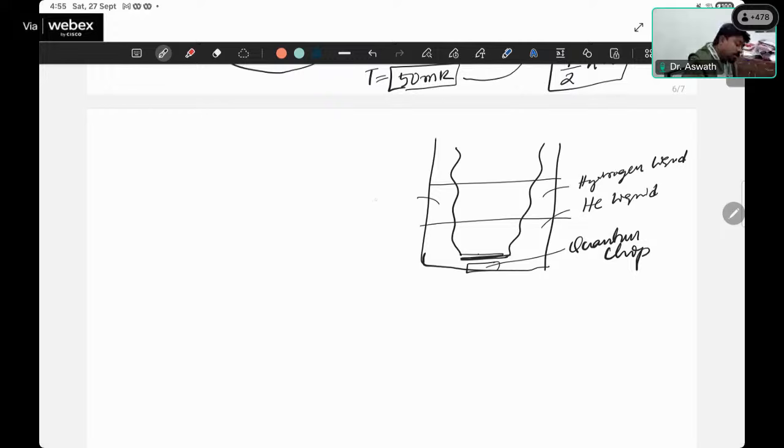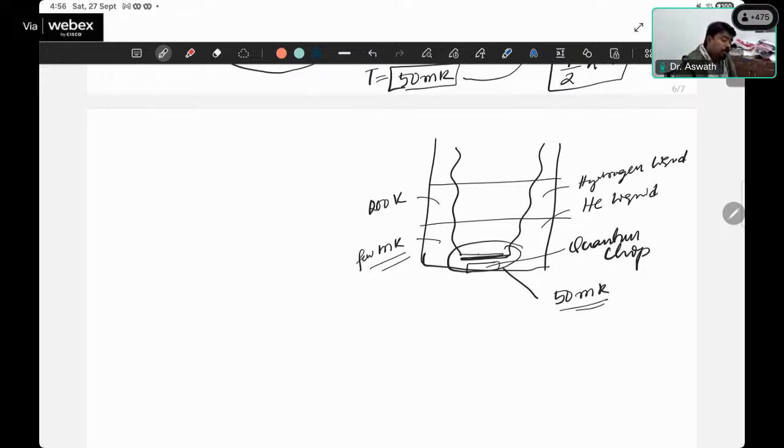So this is, let's say, a few Kelvin, like 100 Kelvin. As I go lower, I'll have a few millikelvin. So everything is liquid. The only thing it is ensuring is that the temperature of this chip is going to be at 50 millikelvin. That is what is going to be created.